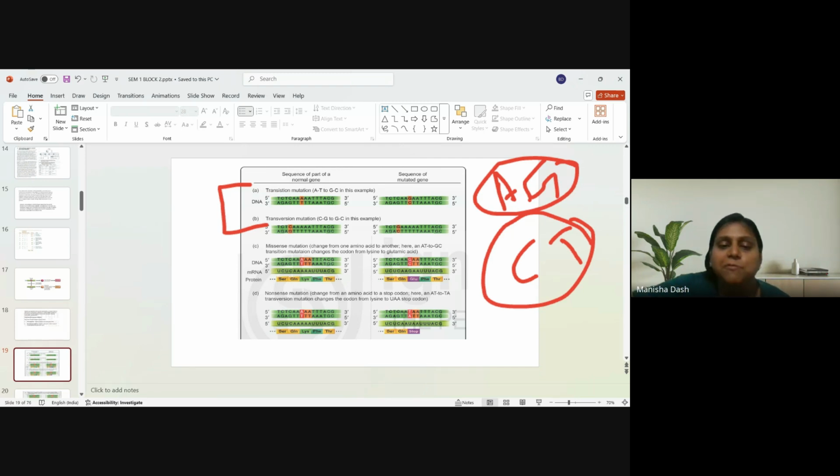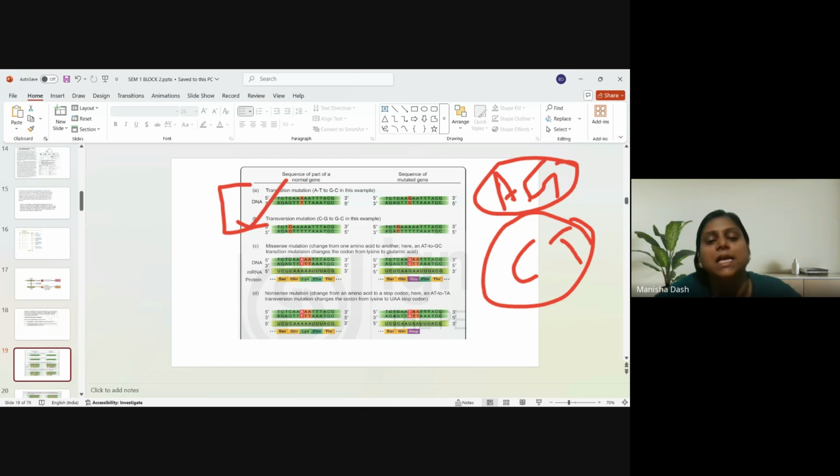When the substitution occurs within the same group, like purine replacing purine, or pyrimidine replacing pyrimidine, that is called a transition mutation. If the mutation occurs between the two different groups, like a purine replacing pyrimidine and vice versa, that is called a transversion mutation.